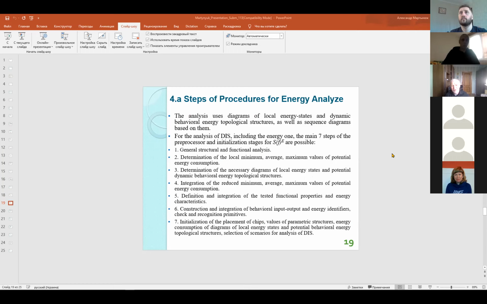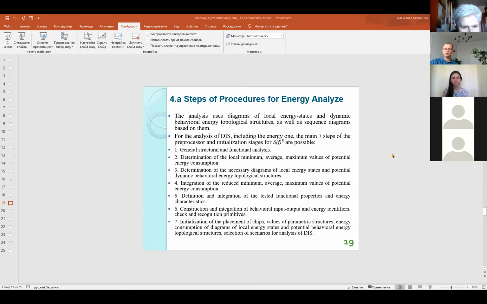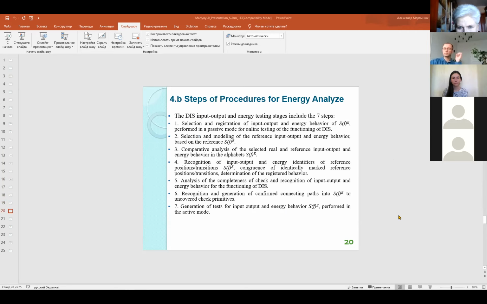For the analysis of this, including the energy one, the main 7th step of the preprocessor and initial stage for PetriNet are possible. This input, output, and energy testing stage include the 7 steps too.